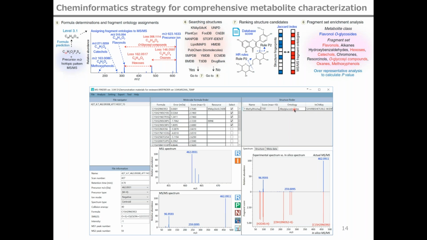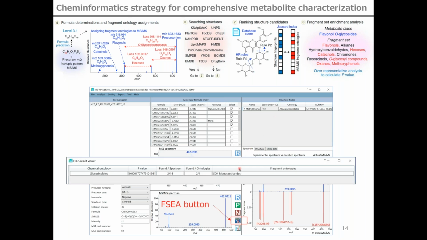Moreover, even if we cannot see any structure candidate in the right panel, once you click this FSEA button, you can see the result of metabolite class recommendation by the FSEA algorithm. Because this MS spectrum contained the information of 2 fragment ontologies, sulfate and monosaccharides, which are involved in the glucosinolate class, the FSEA program could recommend this spectrum as the glucosinolate class.